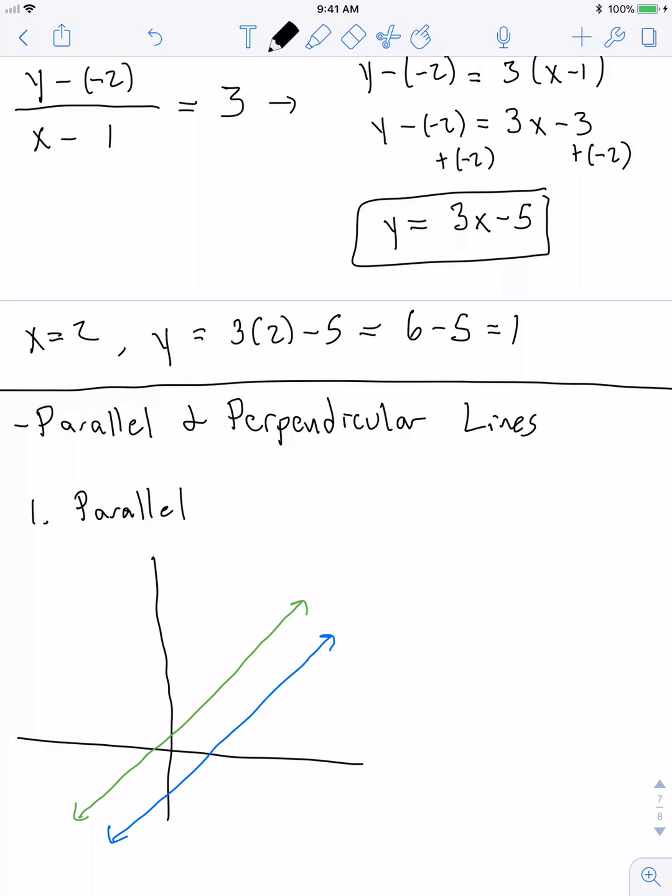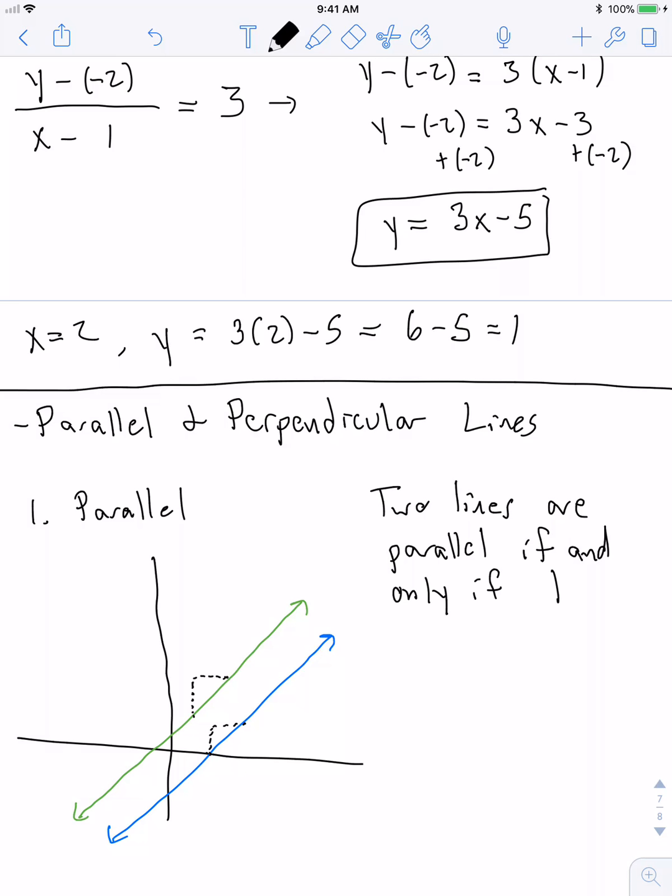Or in other words, if we look at how the x and the y change, it needs to be happening in the exact same way. So, 2 lines are parallel if and only if they have the same slope.